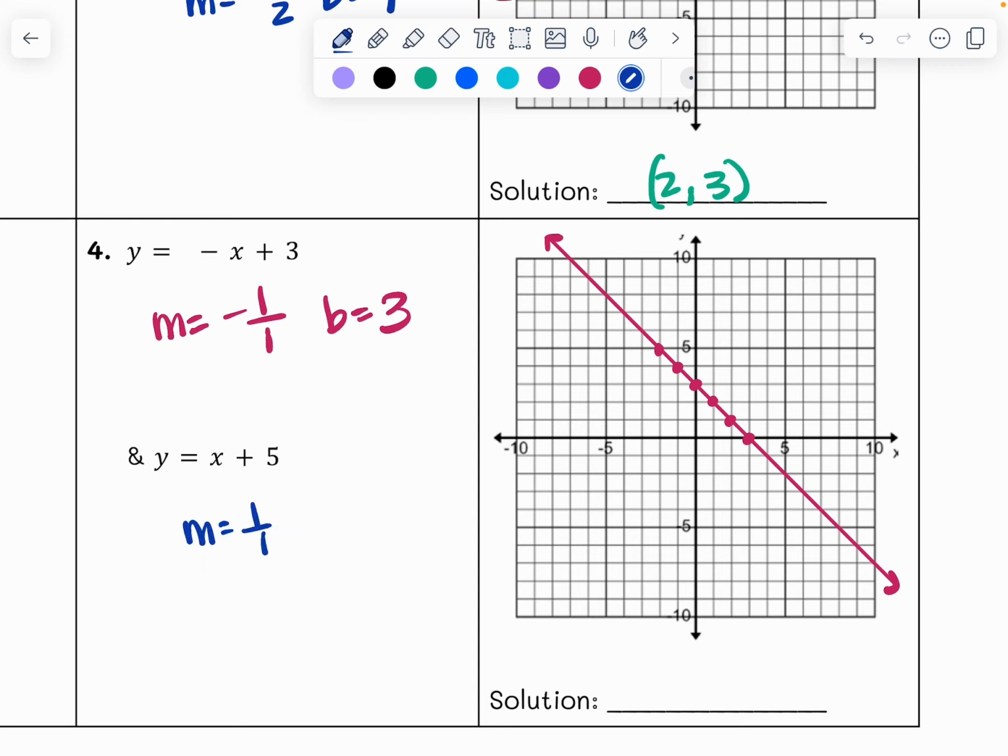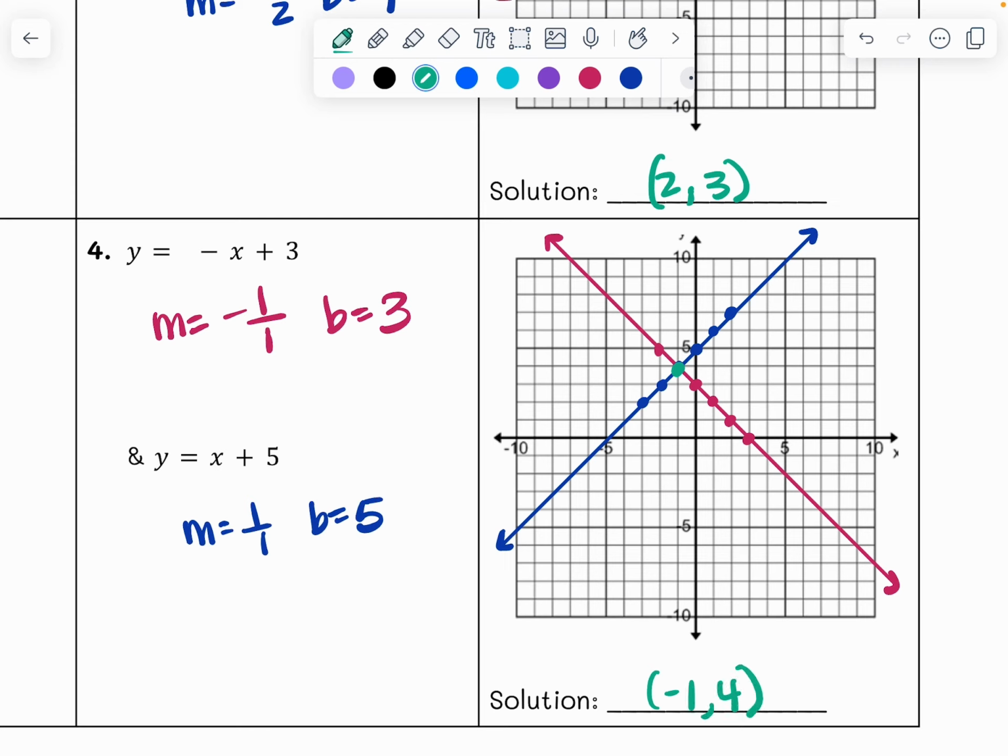The slope is 1 over 1. And the intercept is 5. Solution is negative 1, 4.